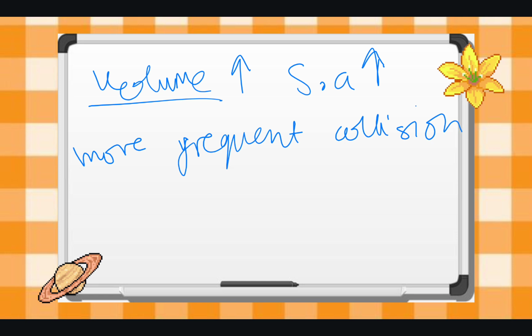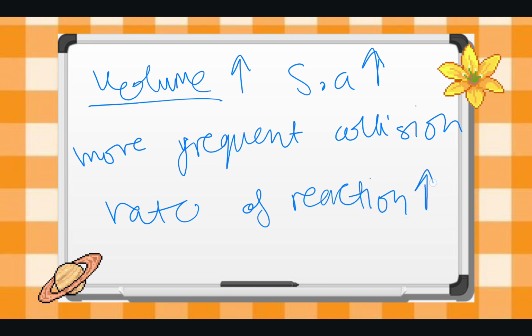So this means that the rate of reaction will be higher because there are more collisions happening. So as surface area increases, rate of reaction increases.